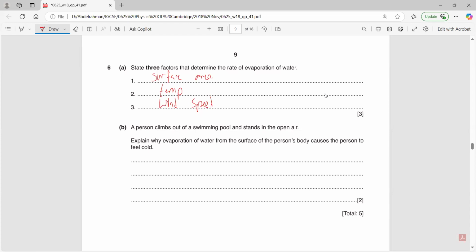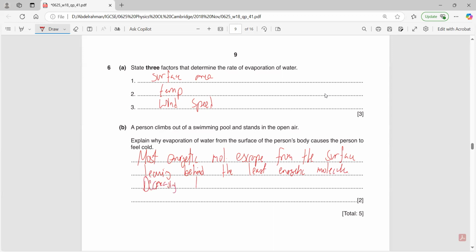Most energetic molecules escape from the surface, leaving behind the least energetic molecules, decreasing the average temperature, causing a cooling effect. Not bad.